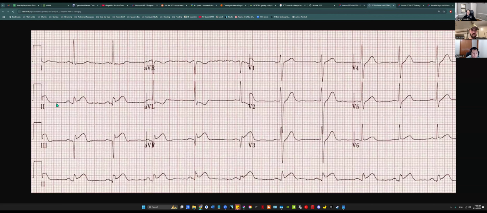And then tell me about what you saw in the inferior leads. Convince me that they're ST elevations. Well, there's elevations in 2, 3, and AVF. Like we've discussed previously, it's significantly higher than the baseline.